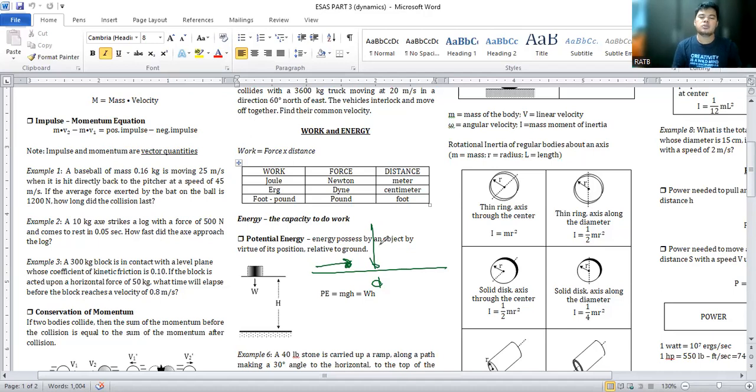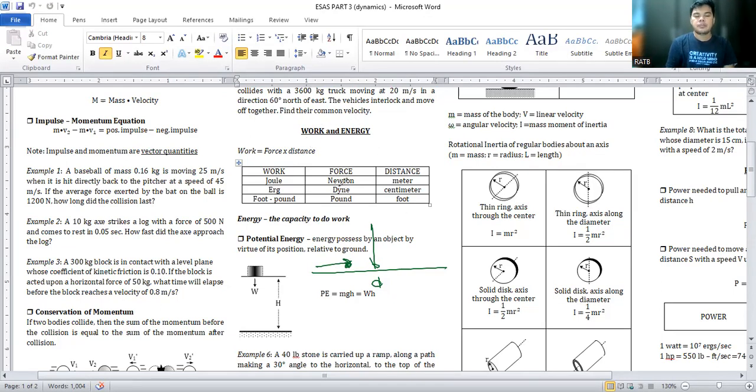So take note that the force that needs to be considered in the calculation of work must be the parallel force, the force which is parallel to the distance, multiplied by the distance traversed.